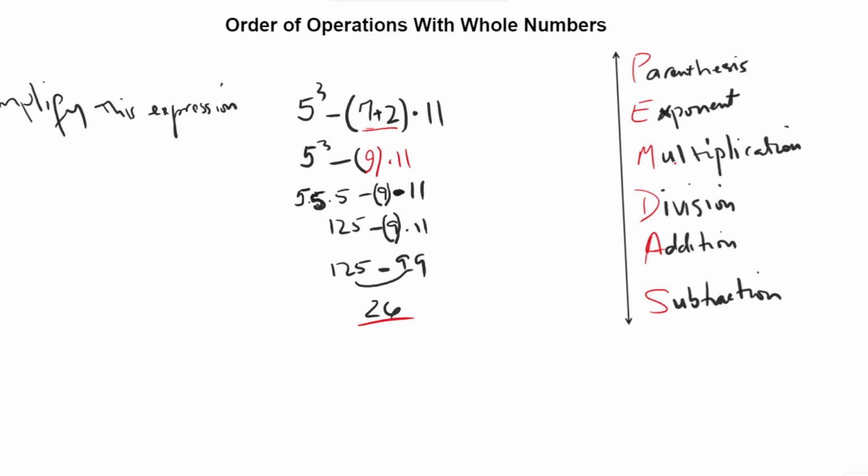Remember, guys, when it comes to multiplication and division, if you get two of these that repeat at the same time, you do multiplication and division from left to right.